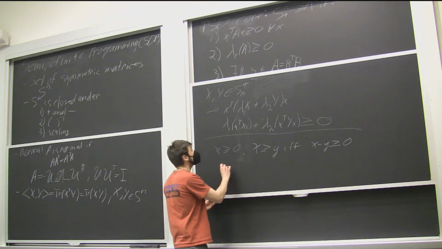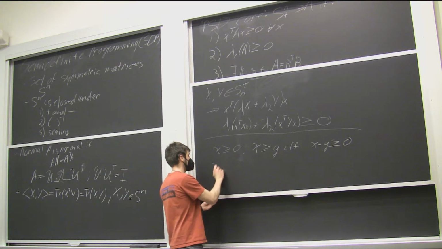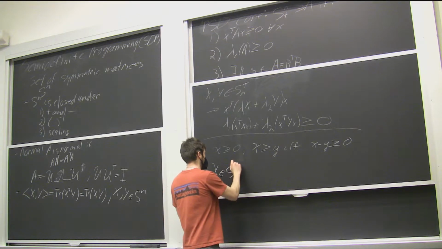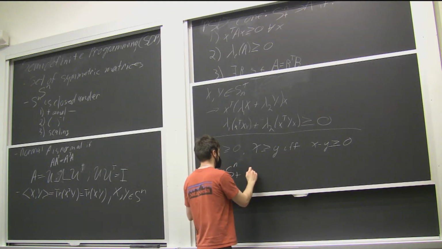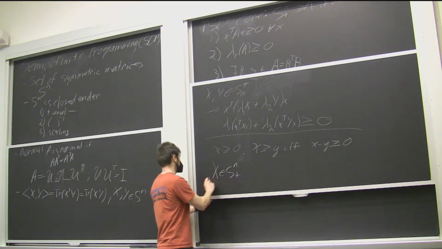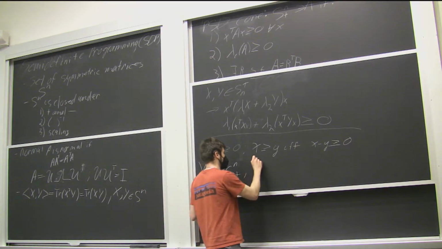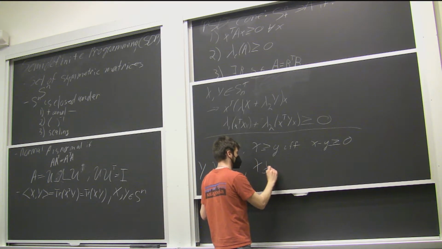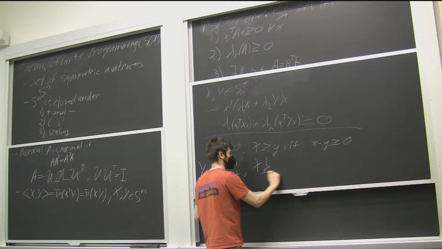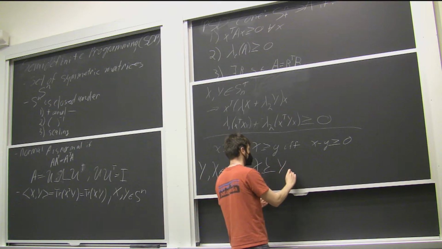So in the same way, for matrices X and Y in S^n_+, we have that X is more than Y, using this curly inequality, which is kind of hard to draw sometimes.